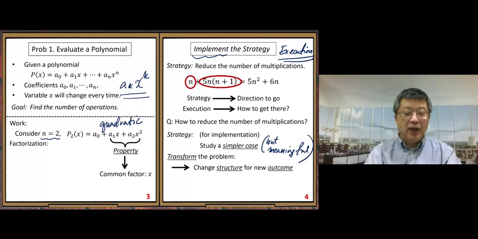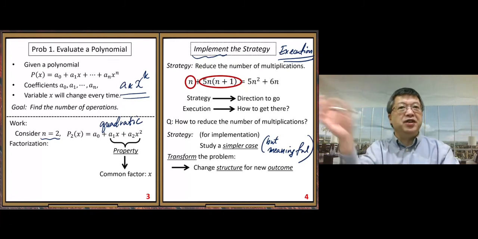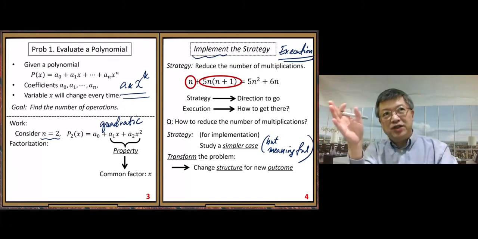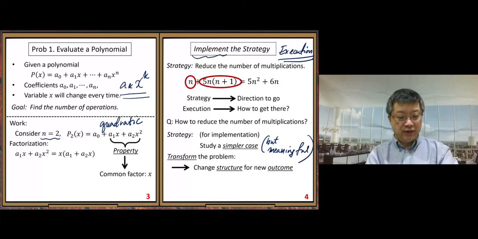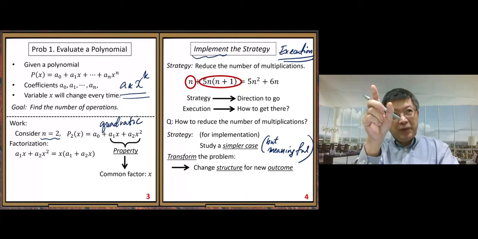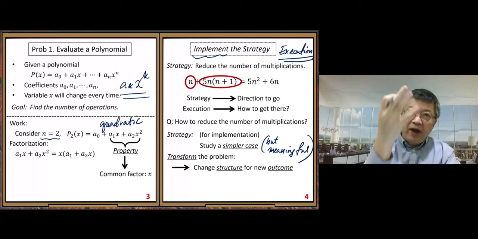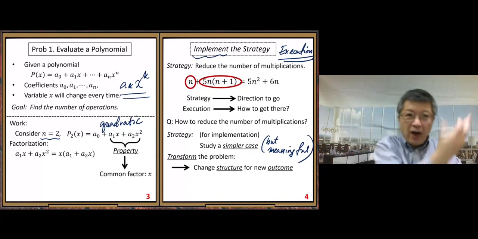All right. We do factorization. When we do factorization, we change the structure. We reveal the hidden property, and we get the insight. Let's do it here. Sum of the last two terms, because they have a common factor x, so we factor it out.